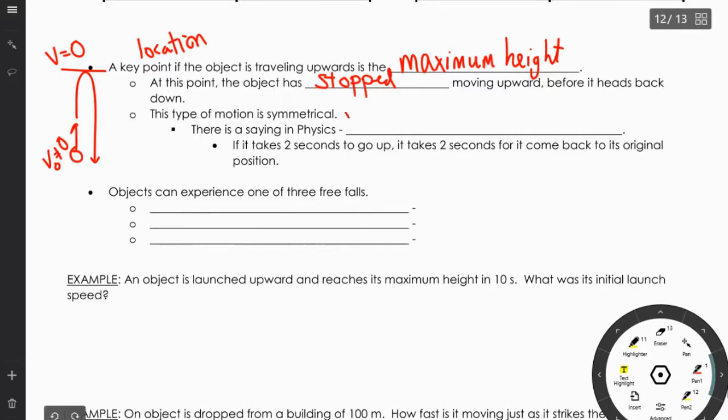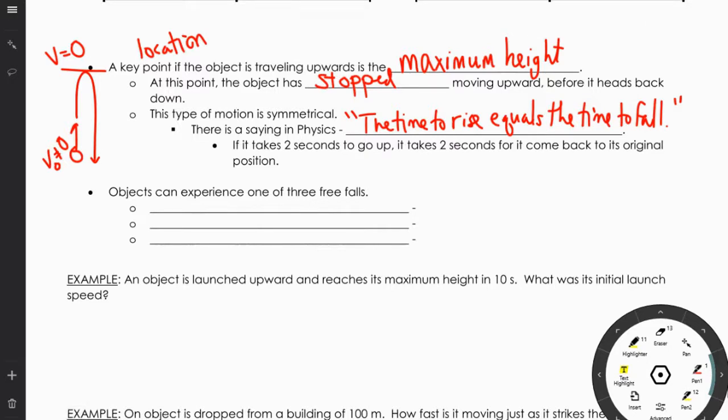There's a saying in physics: the time to rise equals the time to fall. So if it takes 2 seconds to go up to the maximum height, it's going to take 2 seconds to come back down to its original position.